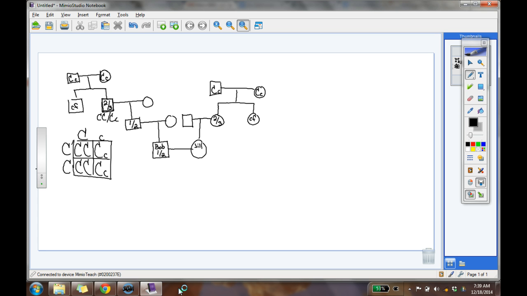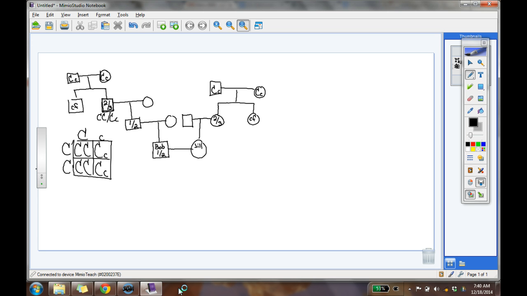Out of the 4 possible squares within the Punnett square, 2 of them are carriers, and one of them actually has the disease. Her mom didn't have the disease, so there are only 3 possible boxes left, so that's the 2 out of 3. I'm just reiterating that, but I want to make sure you understand that connection.